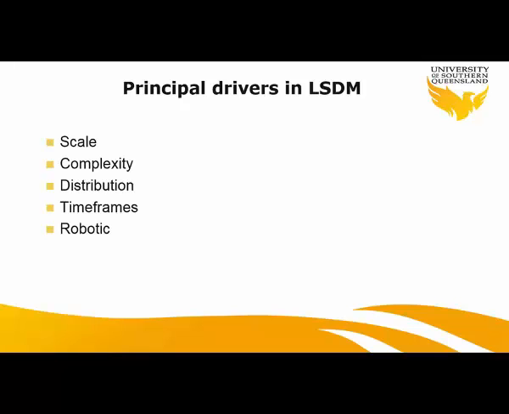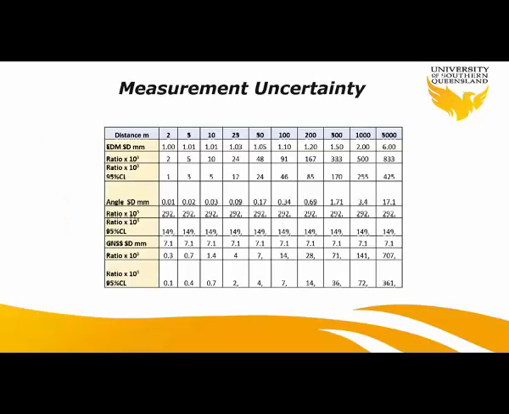We want to have everything in real time, on location and very fast. And the last demand for large scale metrology is the increasing use of robotic manufacturing systems, which brings the need to calibrate and monitor the robotic systems, making sure that they can measure in 3D with very precise accuracy. Relative precisions and uncertainties are critical in large-scale dimensional metrology.